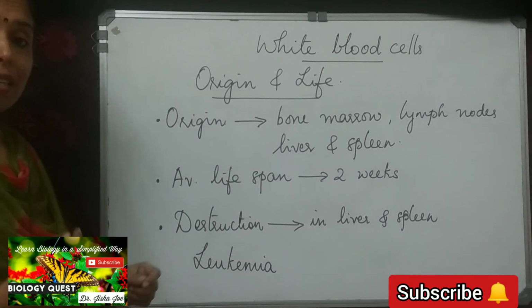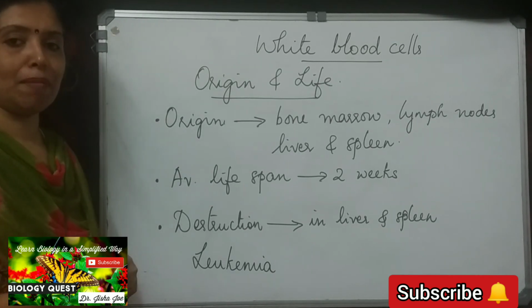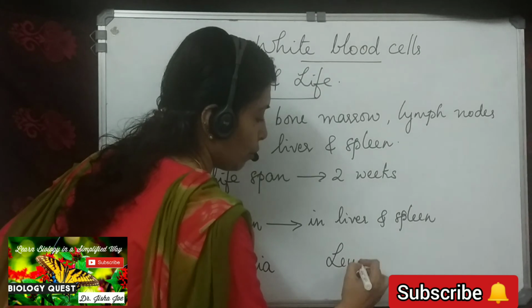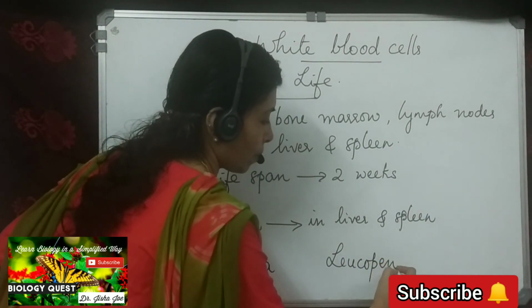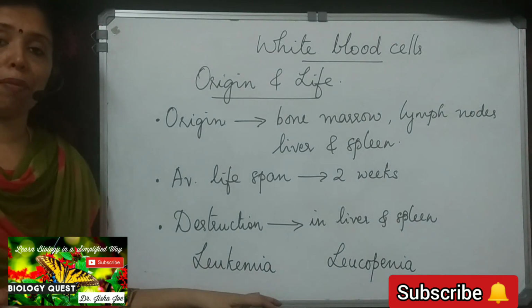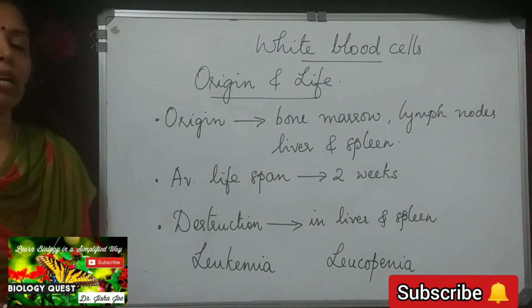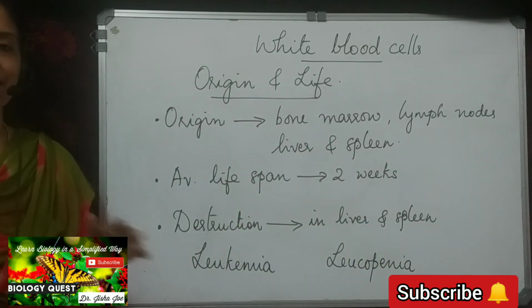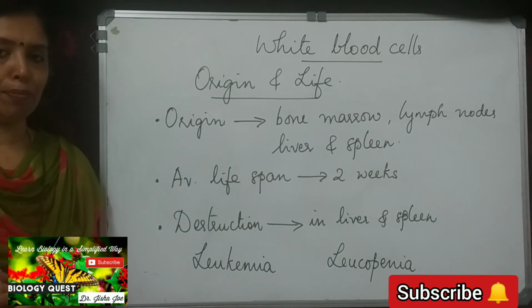And when there is an abnormal decrease in the number of WBCs, this will lead to a condition called leukopenia. So the two terms you should know: leukemia is an abnormal increase in the number of WBCs, and leukopenia is an abnormal decrease in the number of WBCs.